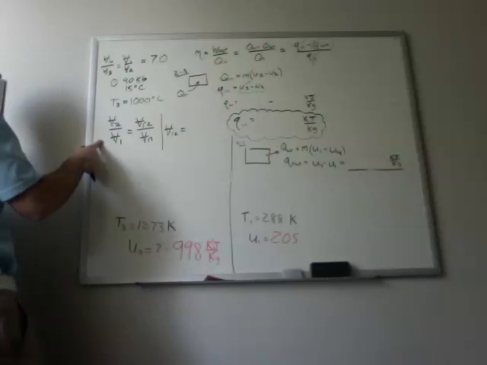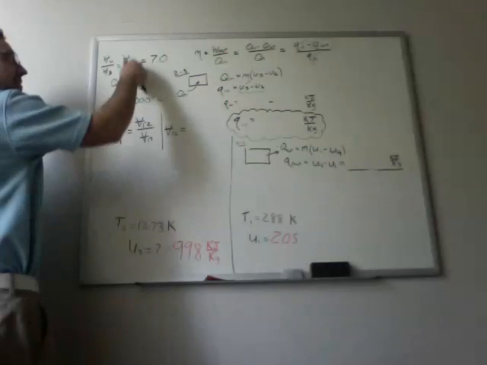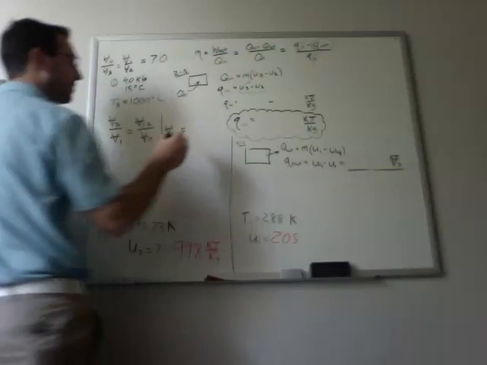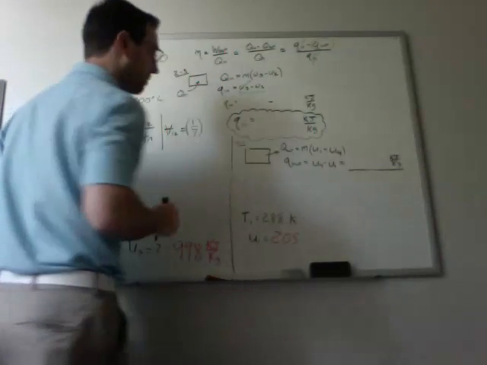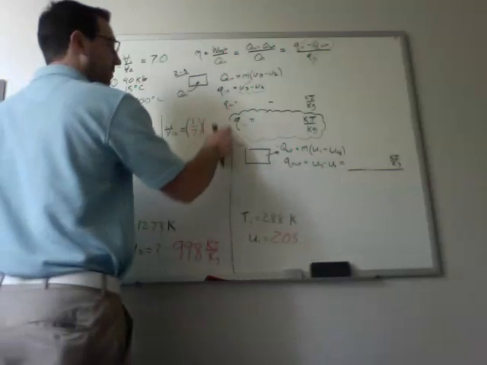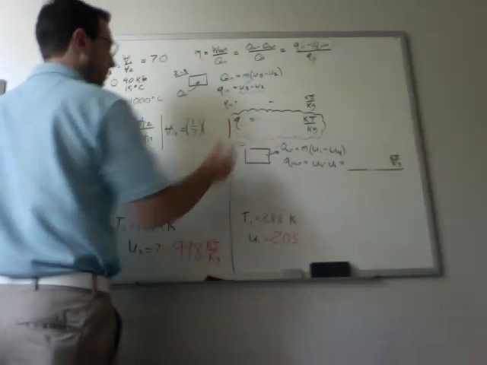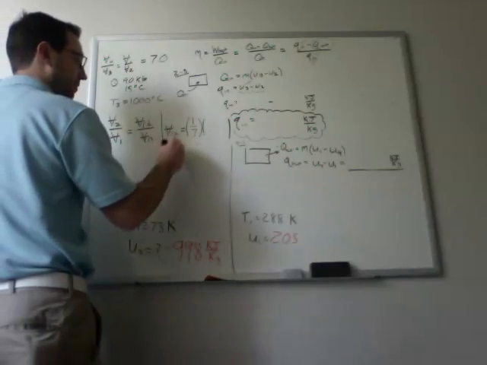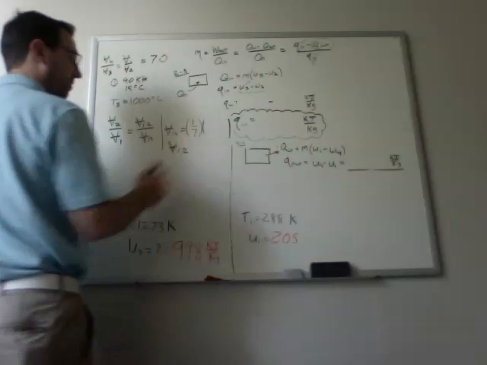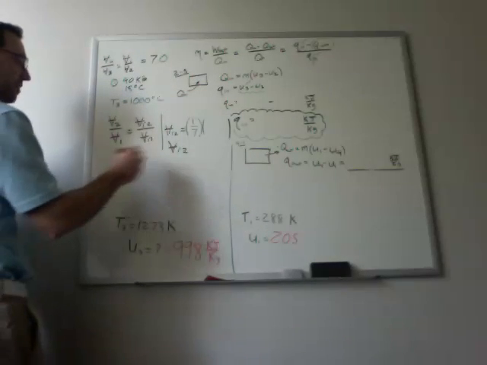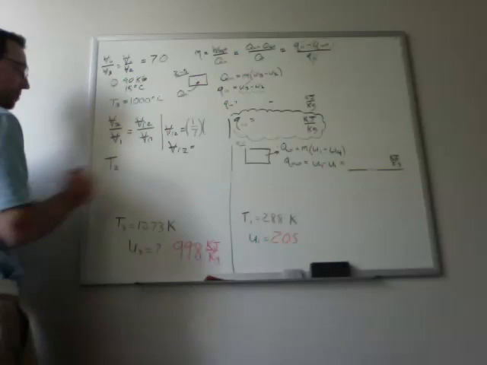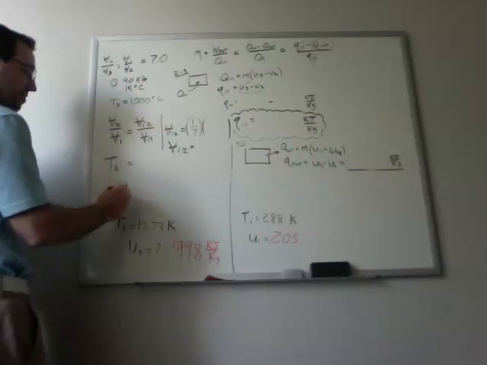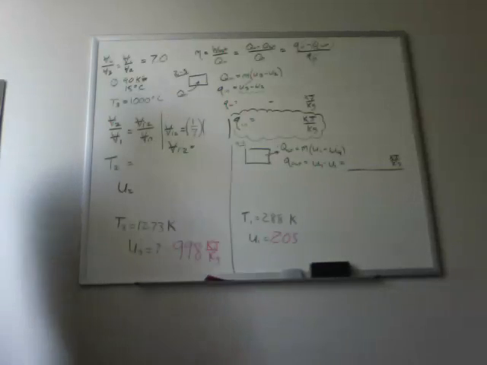V2 over V1, that's 1/7. So that's the inverse of this. So 1 over 7 times, now we'll go get a number for VR1, put it in here. That's going to get us VR2. Based on that VR2, we're going to know T2. Based on that T2, we're going to know U2.